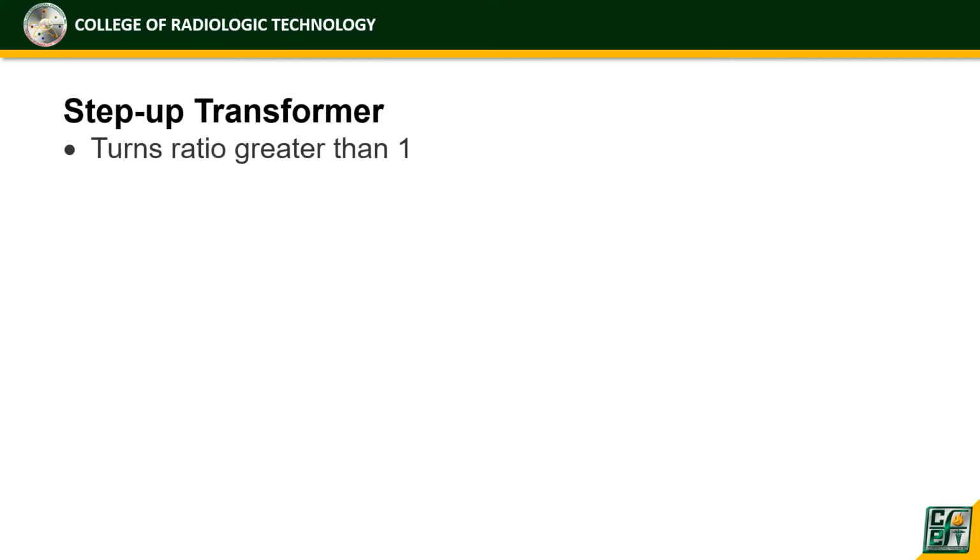Now let us continue to discuss the two types of transformer based on the level of voltage. First is the step-up transformer. The turns ratio is greater than 1. Remember, the turns ratio of a step-up transformer is greater than 1.